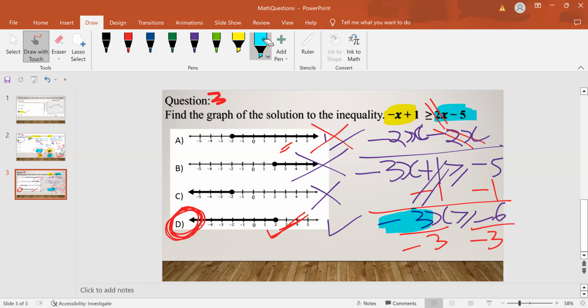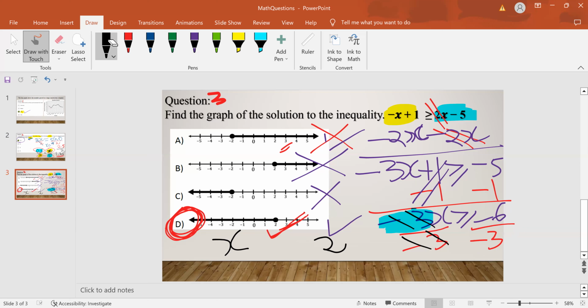Okay, almost done. Now, when we divide by negative 3, the negative 3 on top and the negative 3 on the bottom cancel, and what is left is x. On the other side, negative 6 divided by negative 3 gives positive 2.